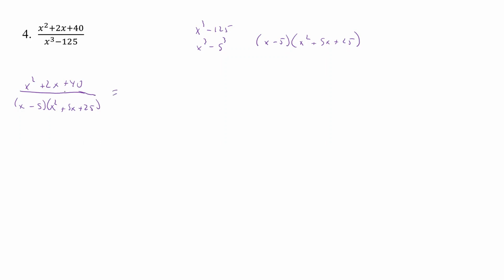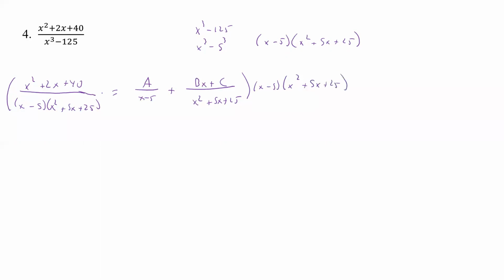And so what we have to do is we have to put a over the first term, which is the non-quadratic, plus bx plus c over the next term, and since we only have one of those, we just have the x squared plus 5x plus 25. And then from there we can simplify by just multiplying again both sides by the LCD, which is what our original factoring was.